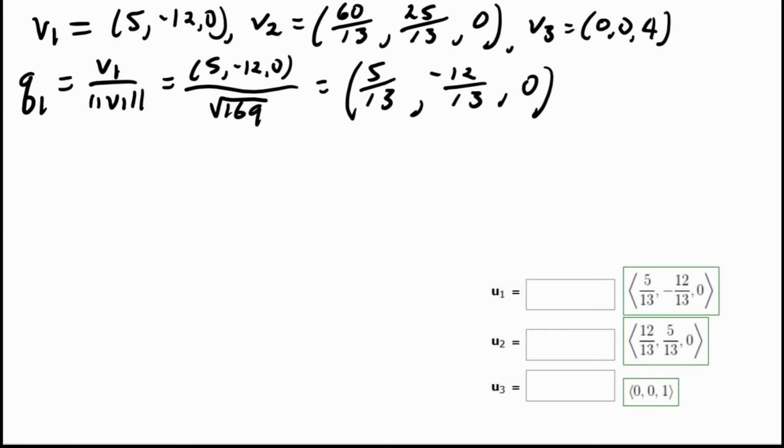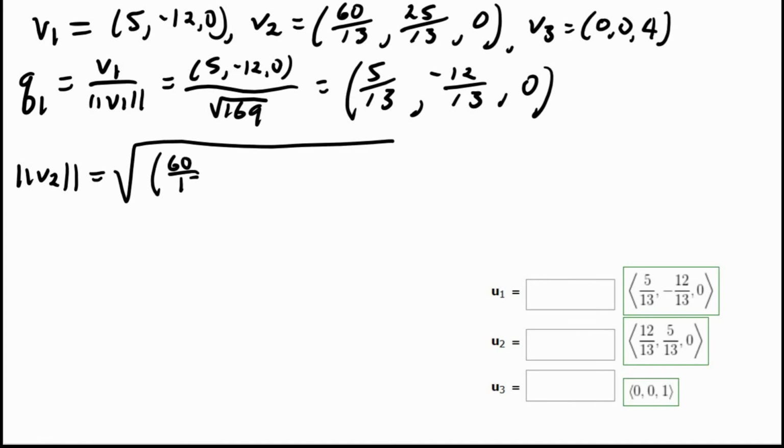And for this next one, just take the norm of v sub 2 first. This is 60 over 13 squared plus 25 over 13 squared plus 0.